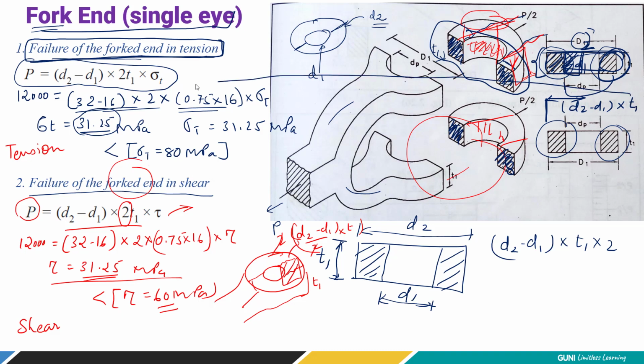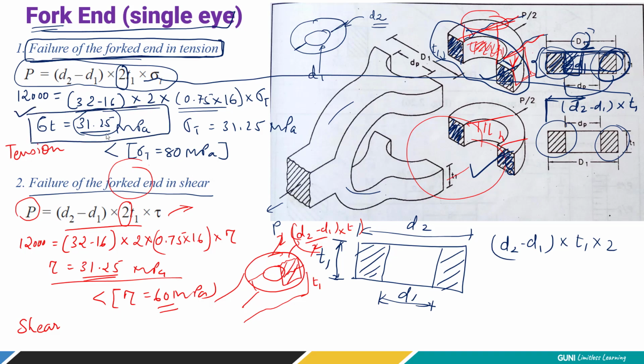I'm taking this thickness t1, okay? But there are two resisting areas, one at the top and one at the bottom. So we are multiplying by the 2 times, okay? Now by putting the relative dimension that we already know, simply find out the tensile stress.